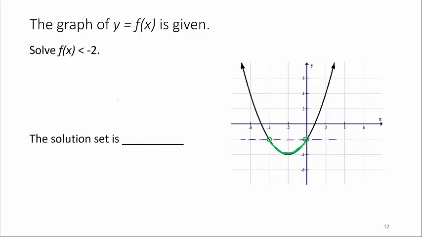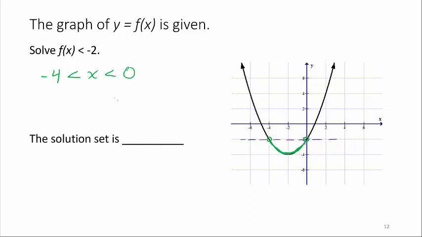When we're talking about the solution, we want the x values that make that true. So what are the x values? The lowest one would be negative 4, strictly less than x, strictly less than, what's the x value at the top end there? 0.